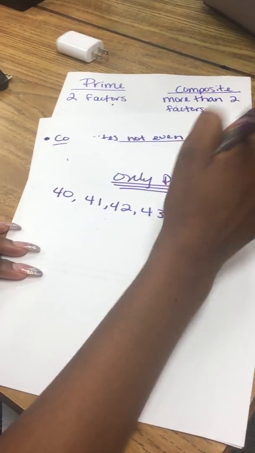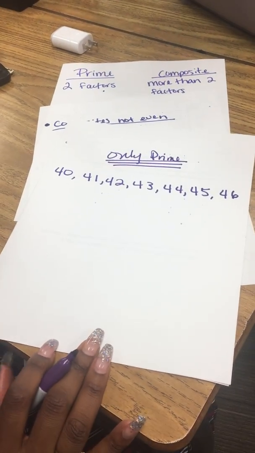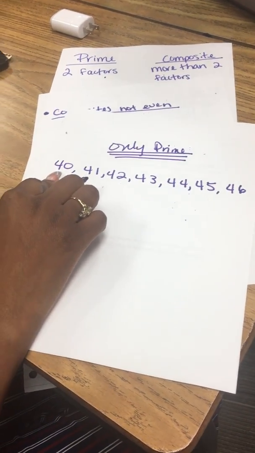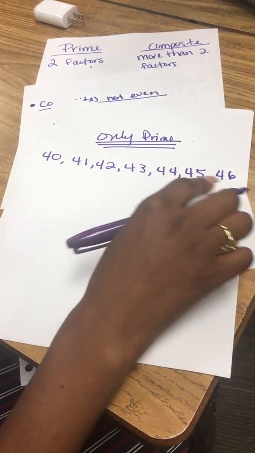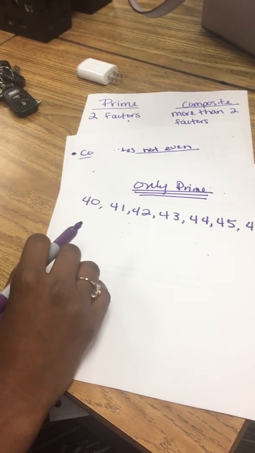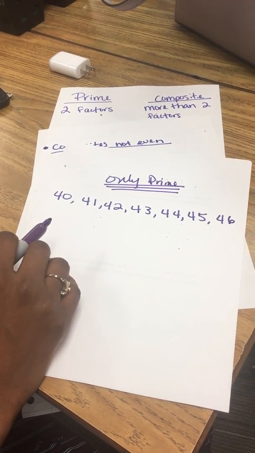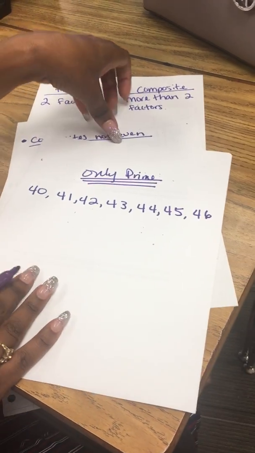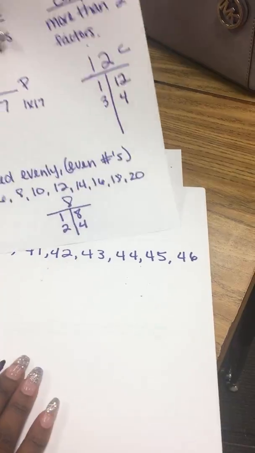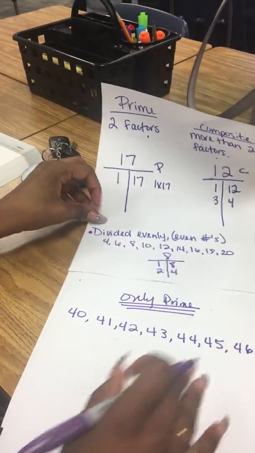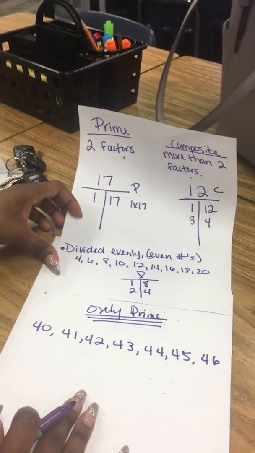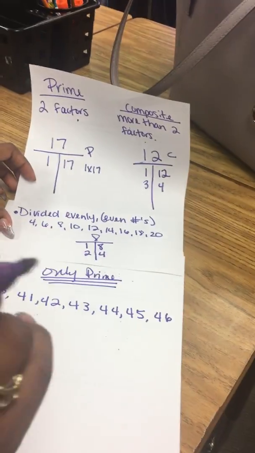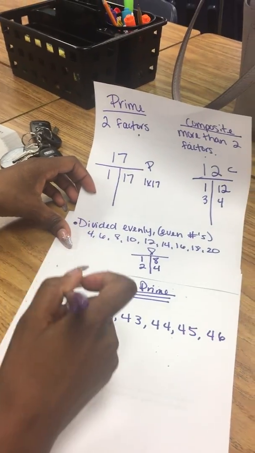Now, you can go about this the hard way and start listing factors and figuring out which ones are composite. You could take 40 and figure out all the factors. Or you can use what you know: that all even numbers are composite. So let's eliminate all of the composite numbers that are even.